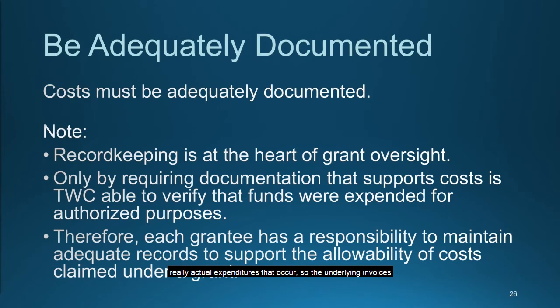So the underlying invoices and purchase requests, purchase orders, time sheets or whatever time recording method you use, travel reimbursement, the invoices or reimbursement requests and expenditure reports that you receive from your subrecipients if you have subrecipients. All of that's the supporting detail for those amounts that are in your accounting system and the amounts that you ultimately report to TWC as expenditures under the grant award.